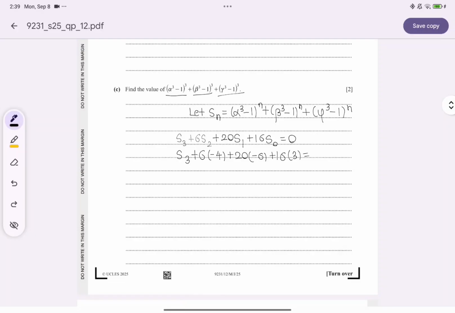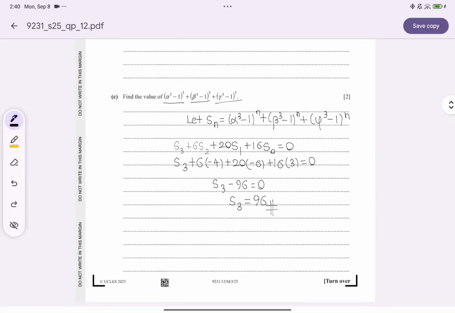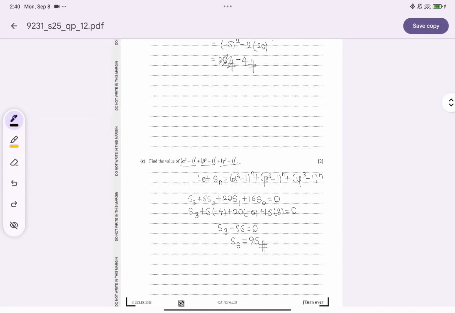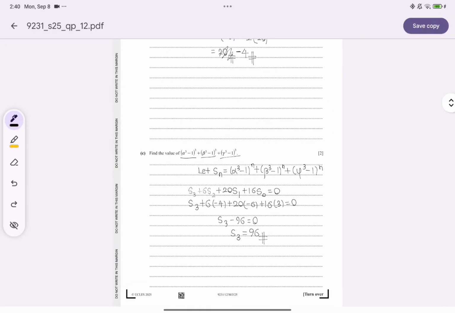So simplifying all this, you will get 6 times negative 4 plus 20 times negative 6 plus 16 times 3. That's minus 96 equals to 0. So the final answer would be 96. So this is our final answer for this part, and we're done with this question.